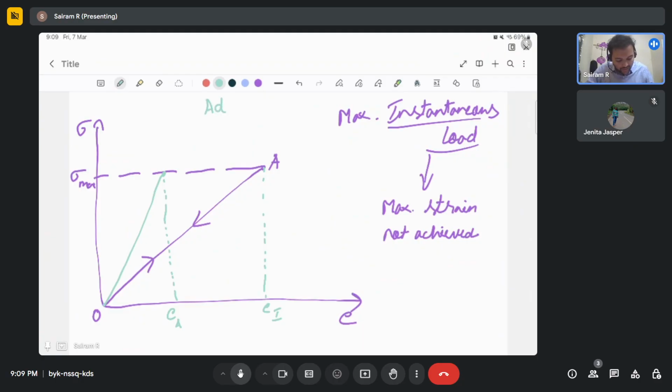Why did I mention the term adiabatic right now? What does adiabatic mean? It means no heat exchange to surroundings.